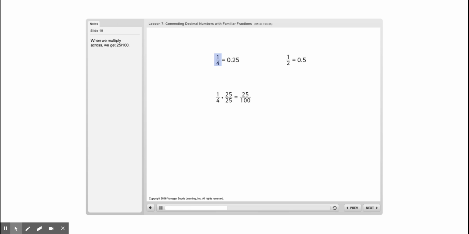When we multiply across, we get 25 hundredths. Now we can write this fraction as a decimal number, 1/4 equals 25 hundredths.